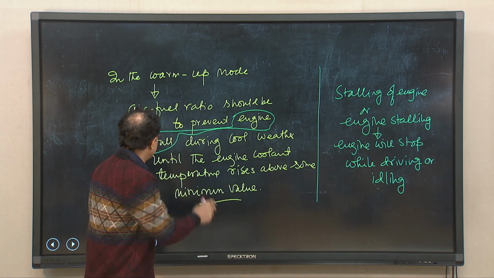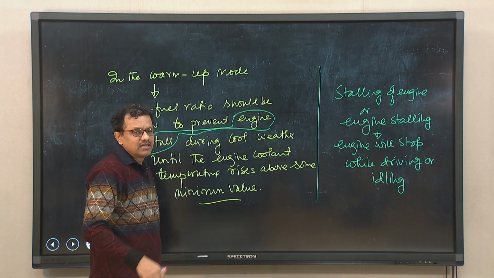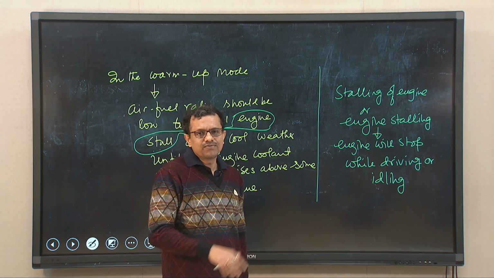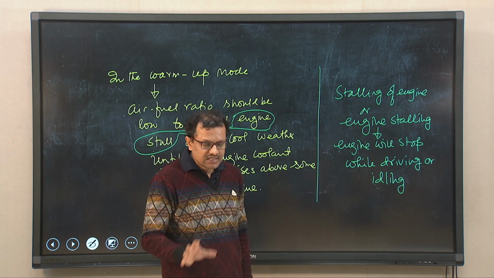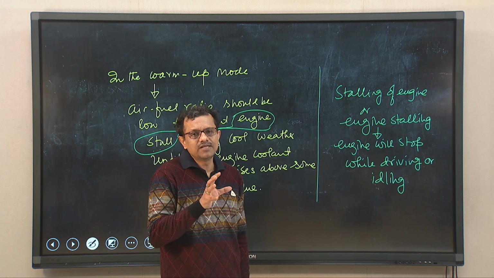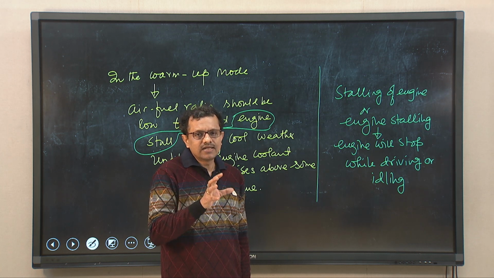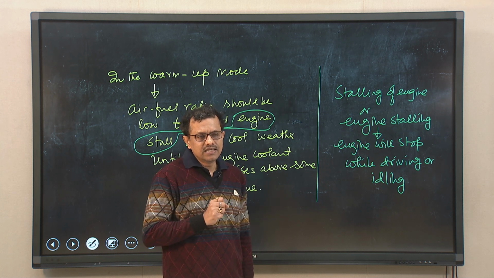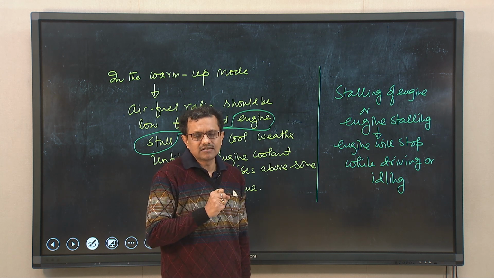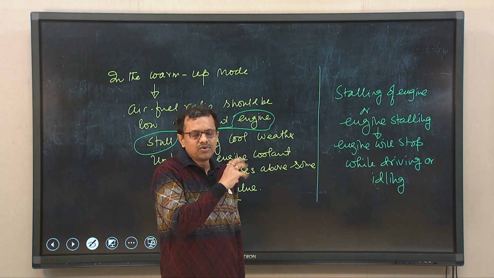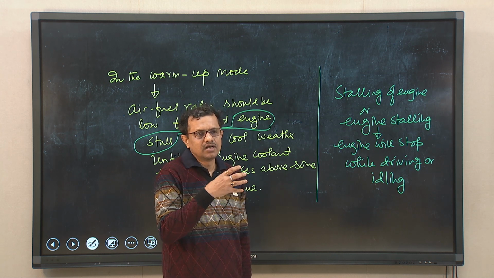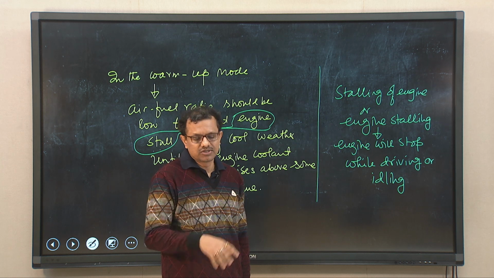So, essentially to prevent engine stall during cool weather until the coolant temperature reaches the required value, because we need to warm up, that is why the air fuel ratio should be maintained low. All this information should be provided by the controller or control system to the engine, to the injectors, through several modes of control logic, or through several operational modes.